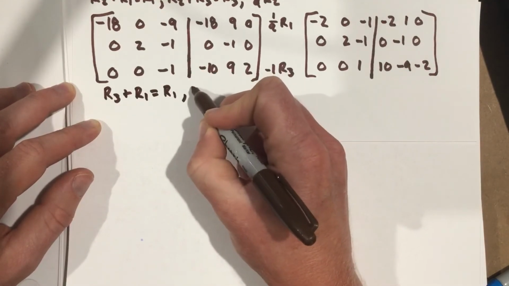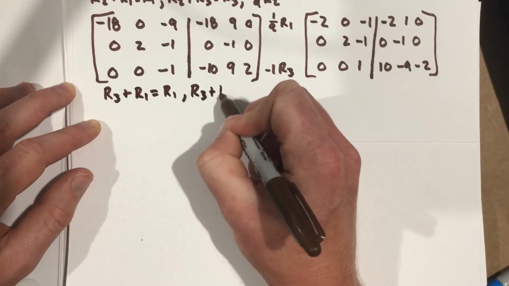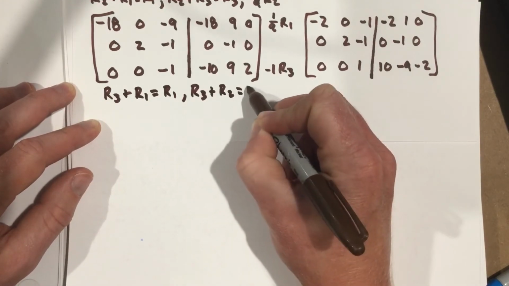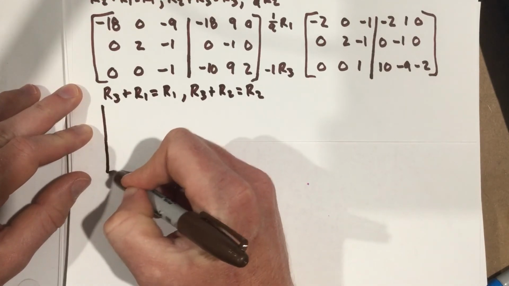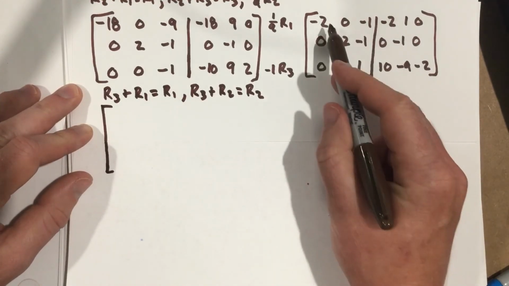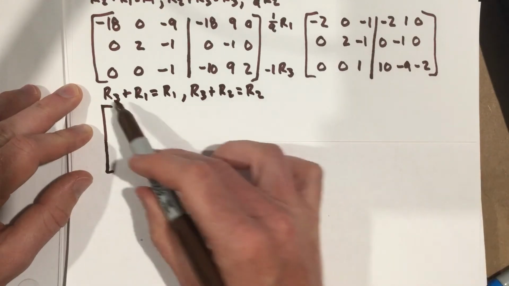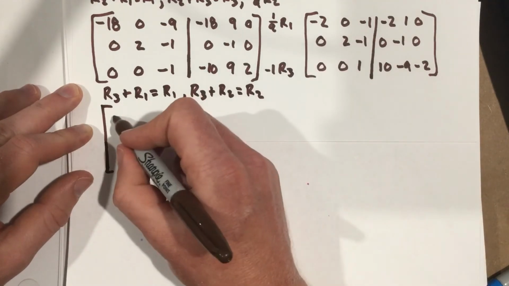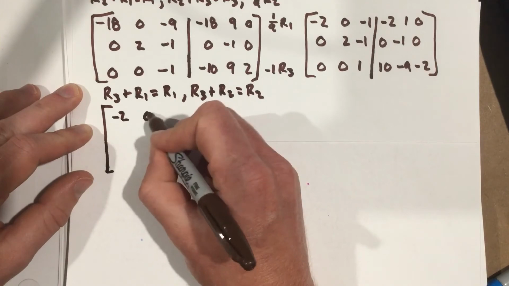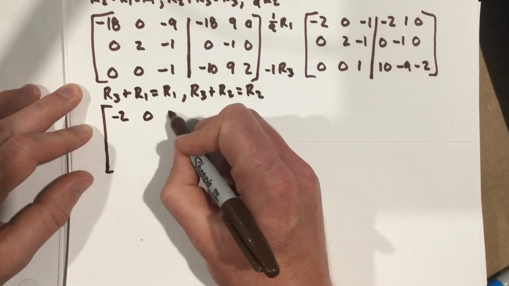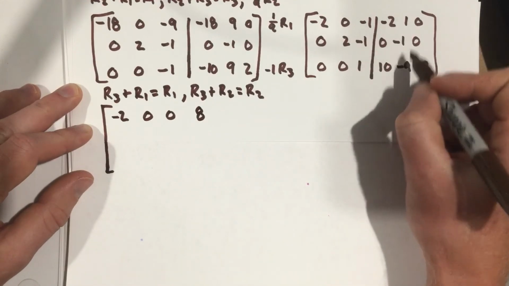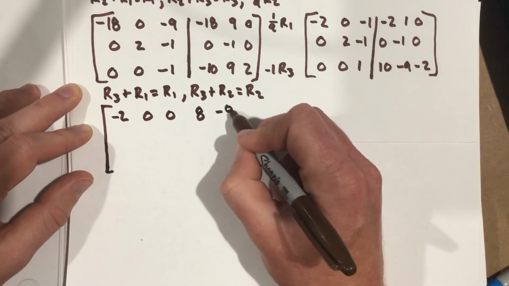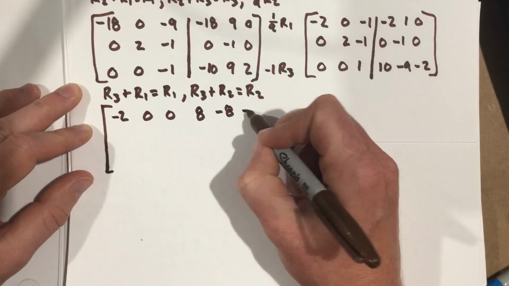Then we're going to do row 3 plus row 2 equal row 2. When we add these, starting with row 3 and row 1, this is negative 2, 0, this will be a 0, this is going to be 8, negative 9 and 1, negative 8, negative 2 and 0, negative 2.